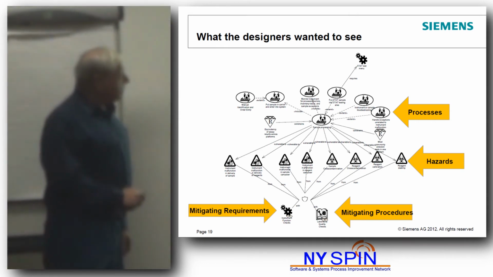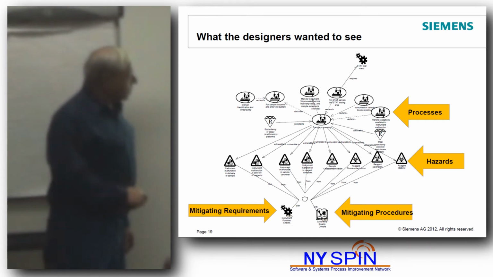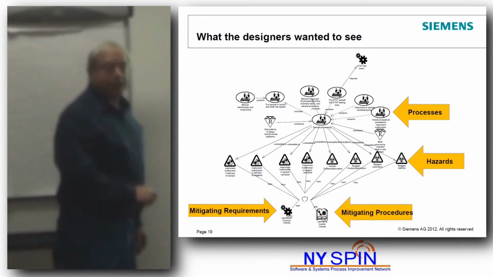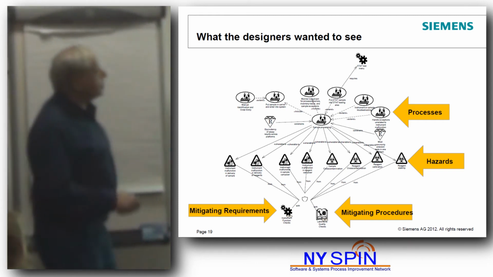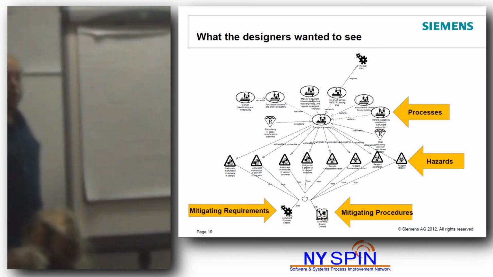So here I have a hazard, and I protect from that hazard with a functional requirement here, and this is actually a set of functional requirements. You see the little eyeglasses there, because there were too many to put on this drawing. And here are the set of mitigating procedures at a lower level. And I can actually show you this online if we do a demo later.